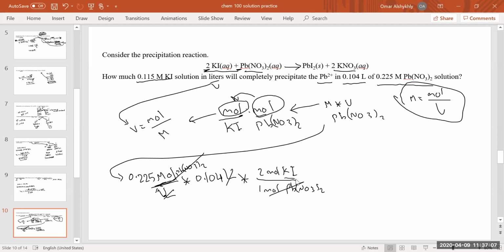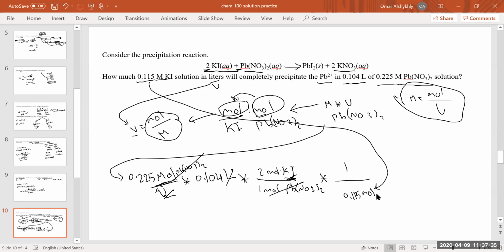Now I have mole of KI. I need the volume. Volume equal what? Equal the mole divided by molarity. You have the mole here in the top, so it will be times 1 divided by the molarity. What is the molarity of KI? It is this one, which is 0.115 mole KI divided by 1 liter. Here our unit will be in liter.